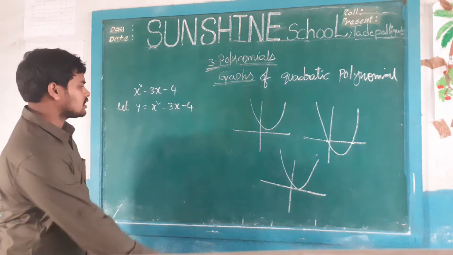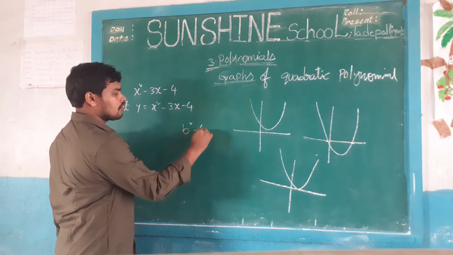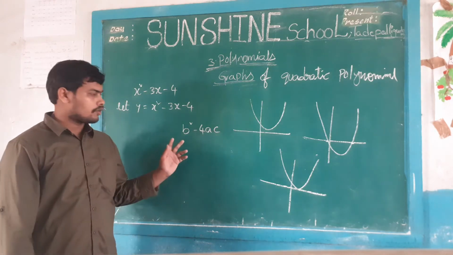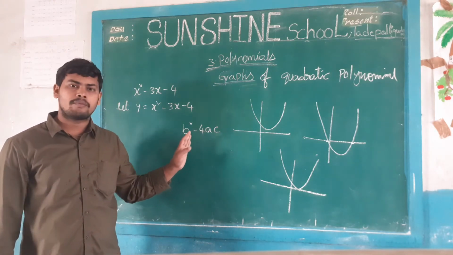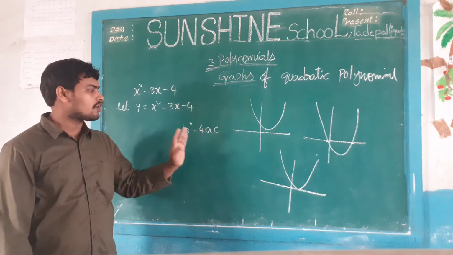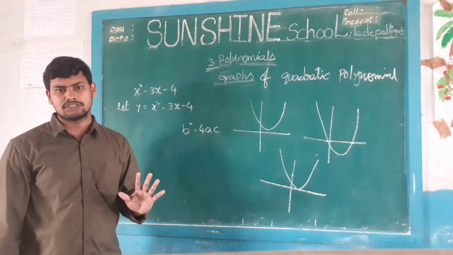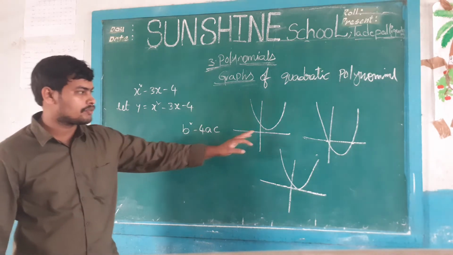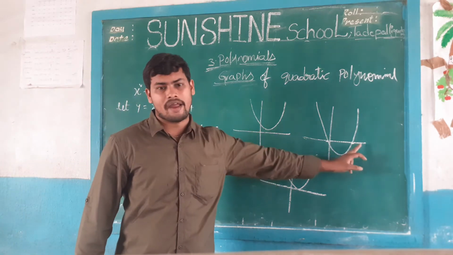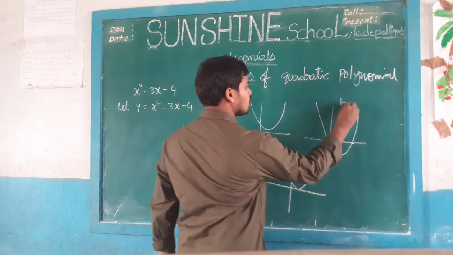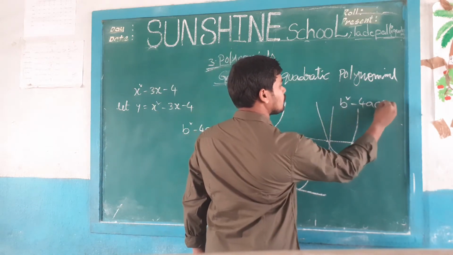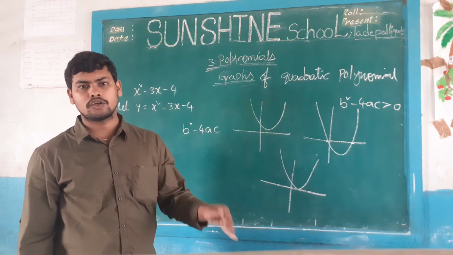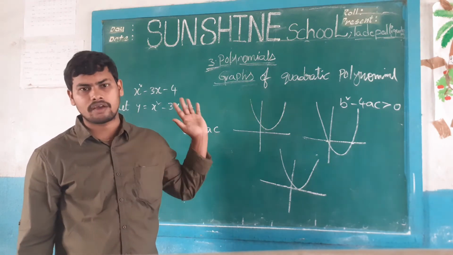First we have to check b square minus 4ac. We have to calculate b square minus 4ac. Here b square minus 4ac greater than 0 means it intersects at 2 points. Greater than 0 means all positive values, 1, 2, 3, and so on, whatever it is.